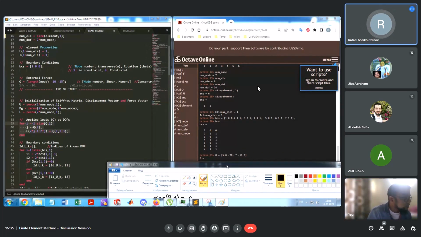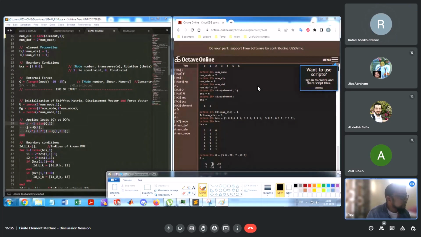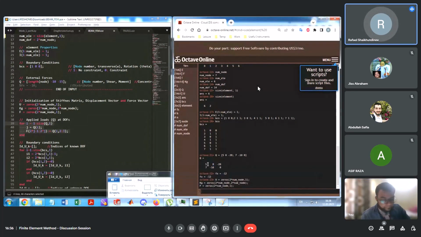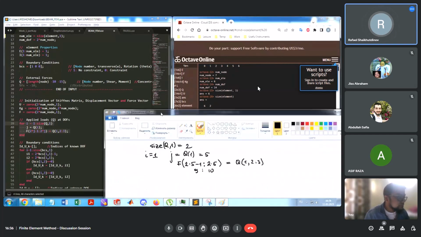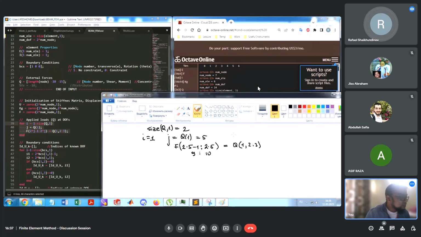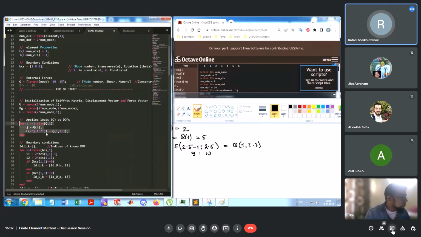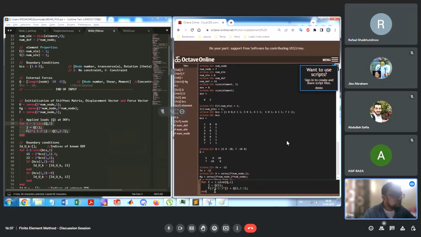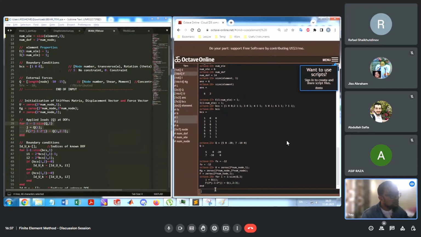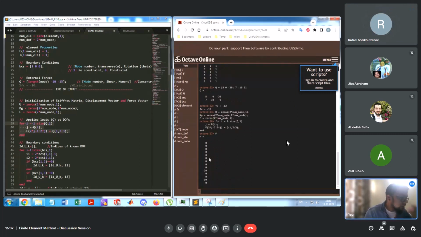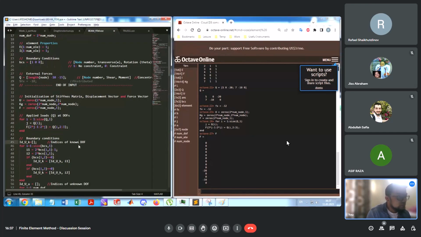We are reading this, 0 and minus 20, and finding the appropriate place in the global vector f. After that, it will return our global f. As of now we initialized f as zeros, right? Now it is filled, so you'll get this minus 20, minus 10.